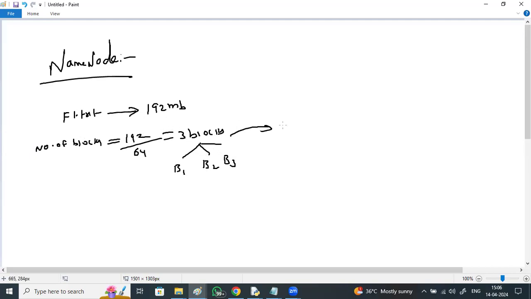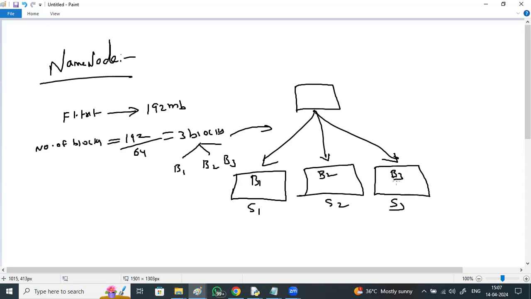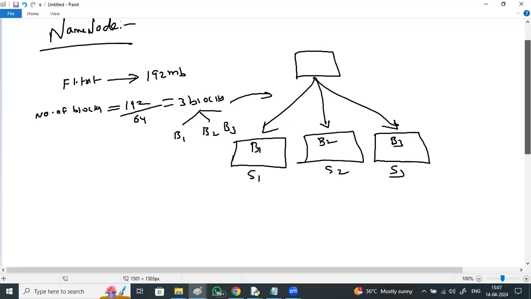This is the master, and these are the slaves S1, S2, S3. B1 here, B2 here, B3 here.